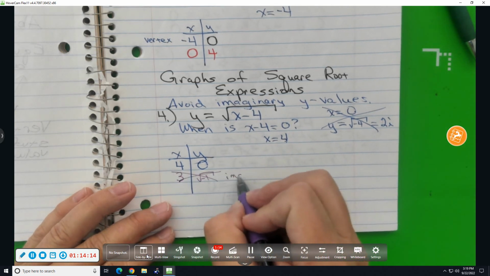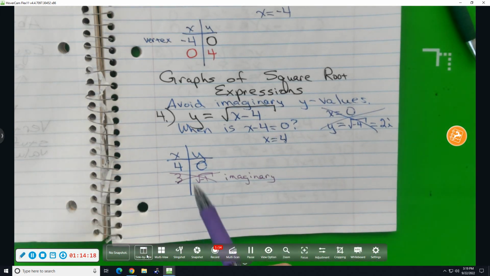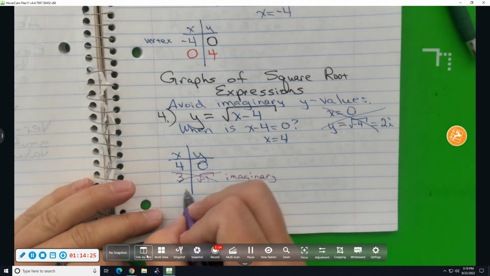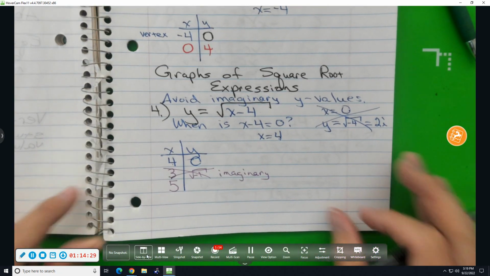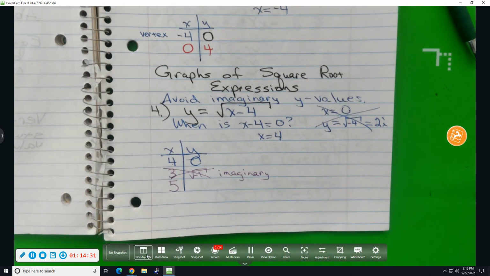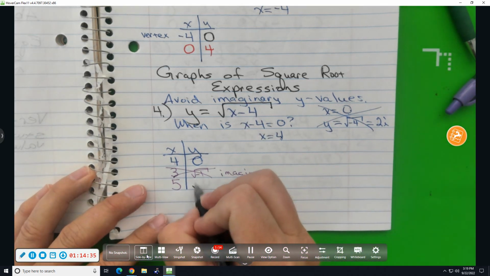You're right. So we can't go to the left of 4. That means we should be able to go to the right of 4, something like a 5. If we plug in 5 for x, what are we going to get? The square root of 1 will just equal 1. That's right.